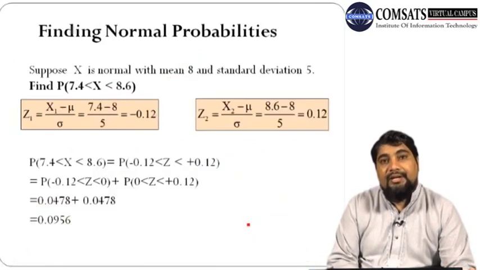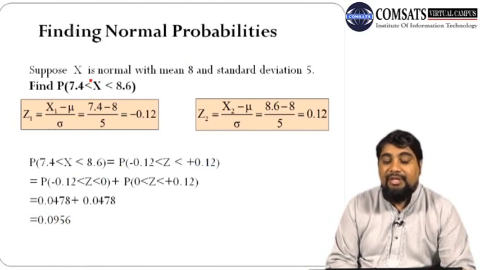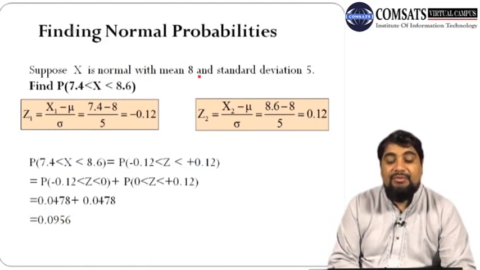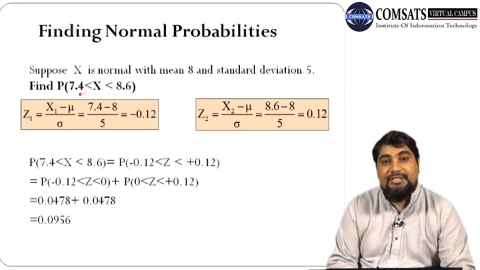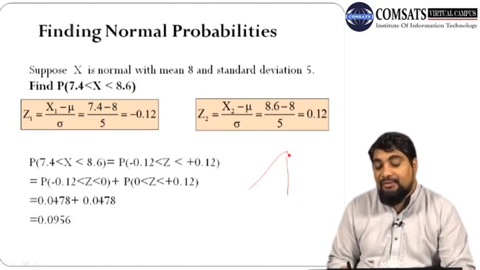So now again we have the same data: x is a normal random variable with mean 8 and standard deviation 5. This time we are interested in finding the probability that random variable x lies between 7.4 and 8.6. So again, the first step is to draw the normal curve corresponding to this x variable.